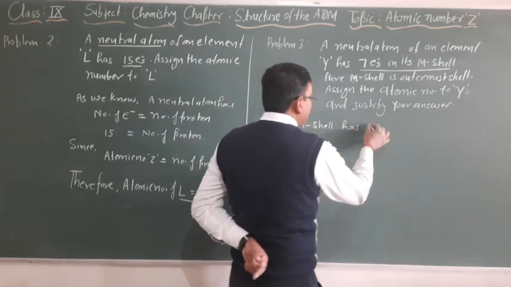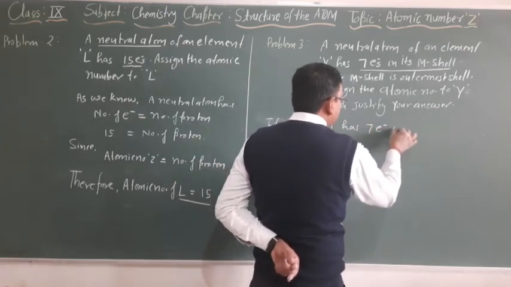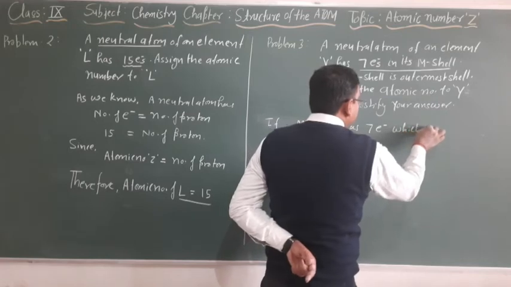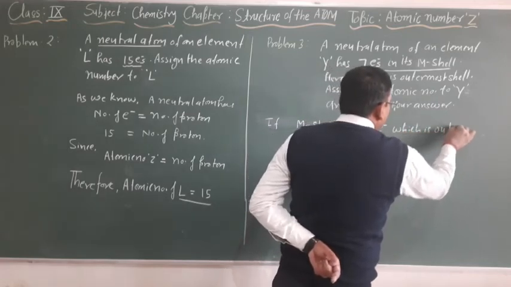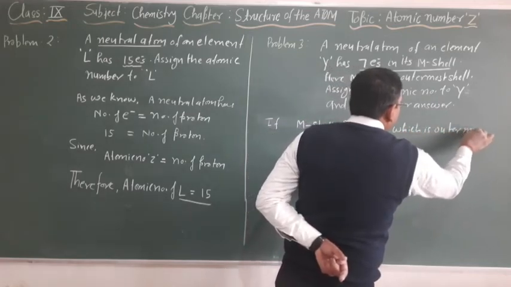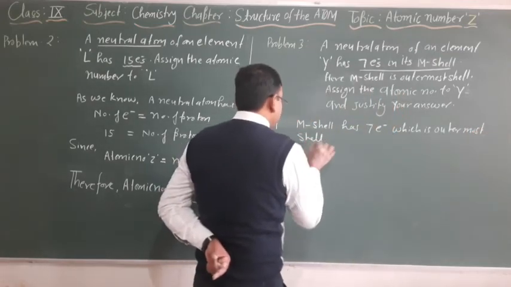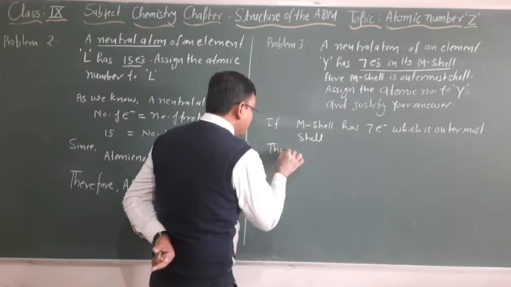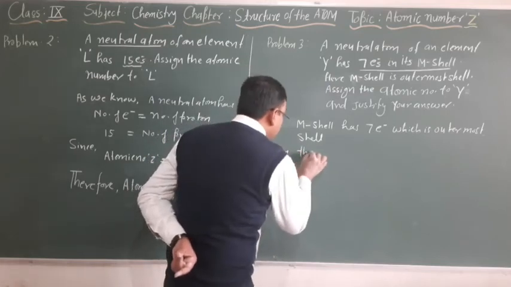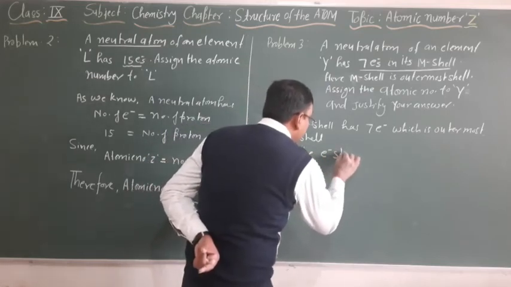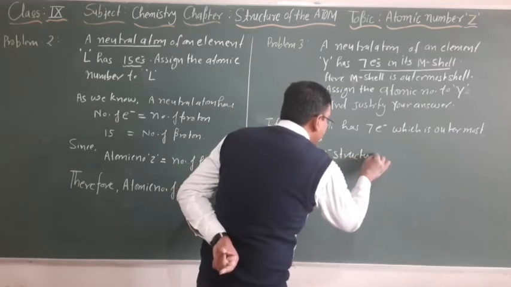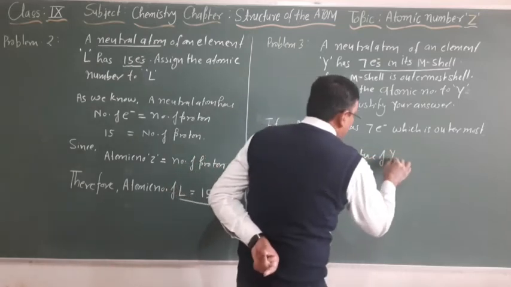Given in the question, if the M shell has 7 electrons, which is the outermost shell, then what will be the electronic structure of Y?